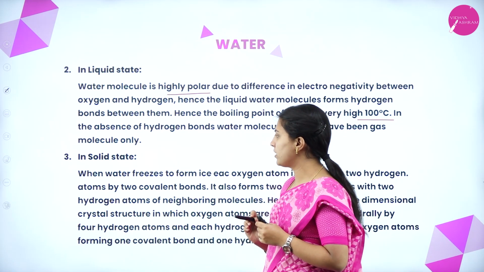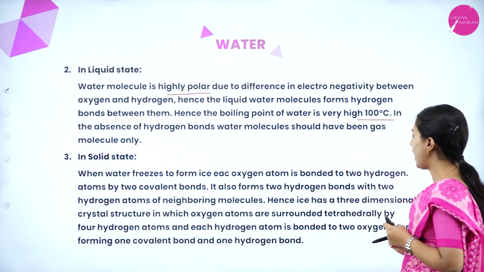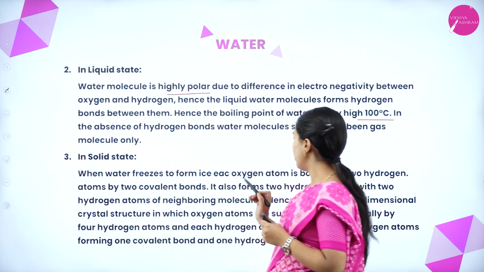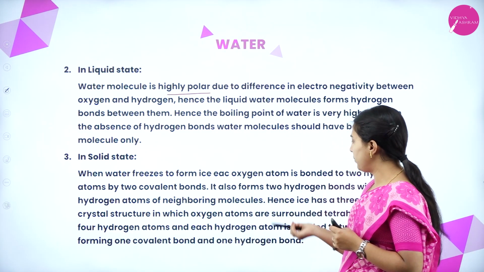Next, in solid state, when water freezes to form ice, each oxygen atom is bonded to 2 hydrogen atoms by 2 covalent bonds. It also forms 2 hydrogen bonds with hydrogen atoms of neighboring molecules.